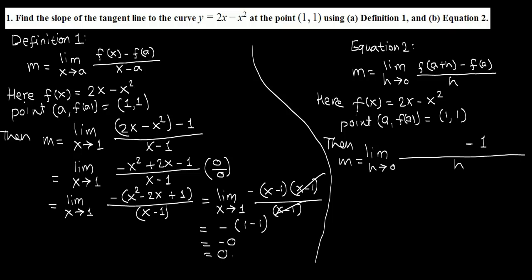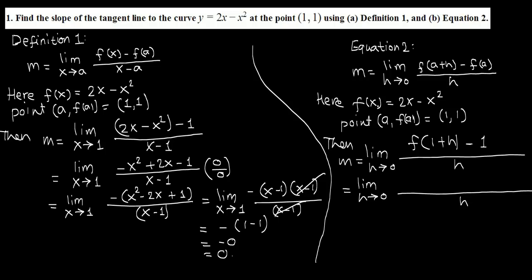For f(a plus h), a is 1, so 1 plus h. In the next line we want to evaluate the function at 1 plus h, so that's the limit as h goes to 0, with h on the bottom, and on the top, what is the function f at 1 plus h?